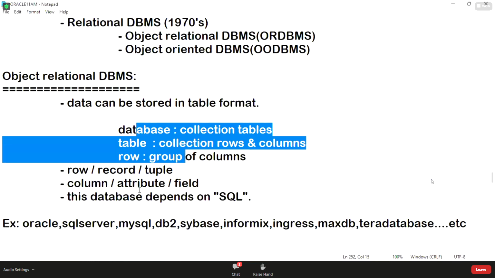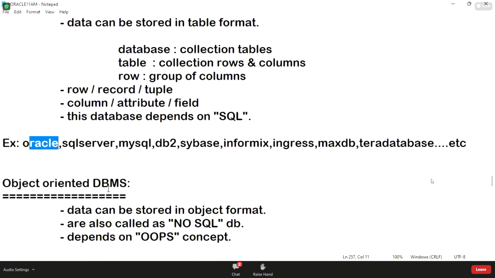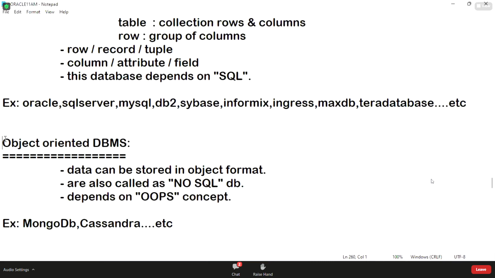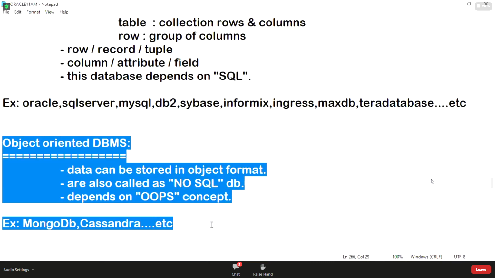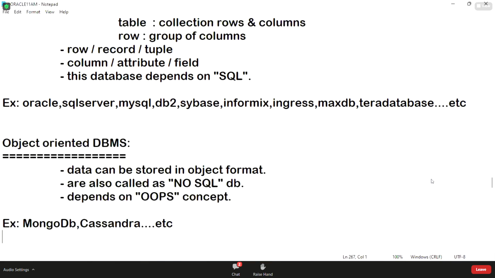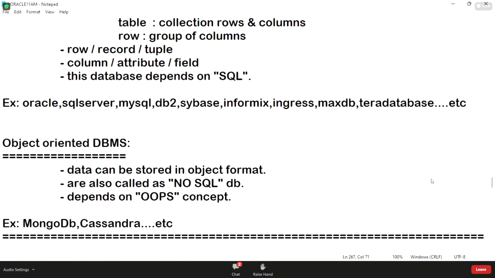Right. Now we are learning Oracle and we are not going to touch this concept. Before I tell, this is not our course. Our course is Oracle. So we are learning object relational software, not object oriented. So this is the DBMS related information before you enter into Oracle.